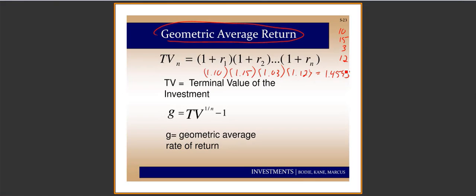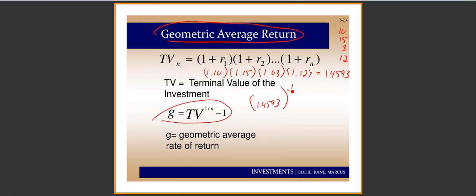Okay. Well, our formula for geometric mean is to take this terminal value that you've just calculated, 1 plus the rate times 1 plus the rate times 1 plus the rate, 1.4593. Raise that to the 1 over n power. Well, we had 4 n's, or 4 observations.